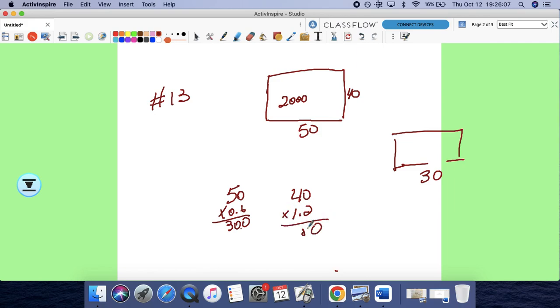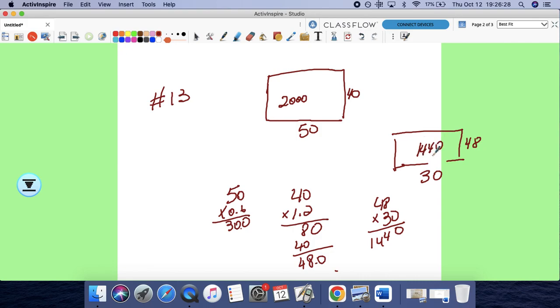That becomes 48. So now the new area here is 48 times 30, which is 1440.